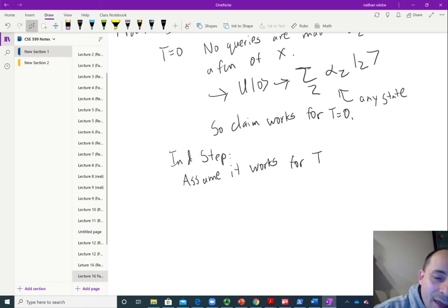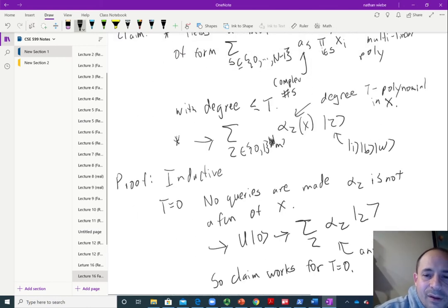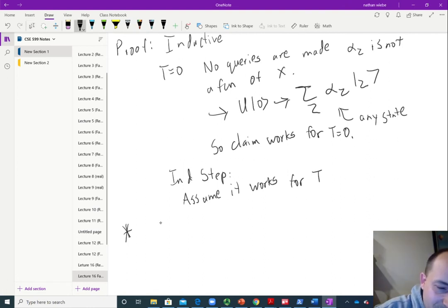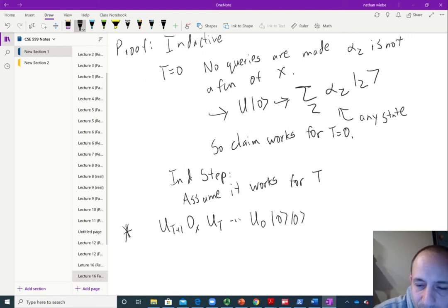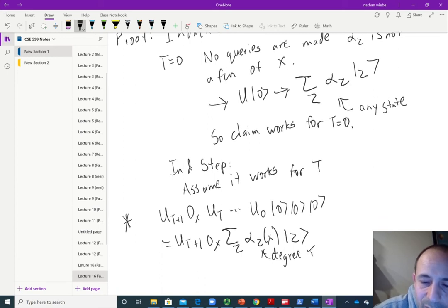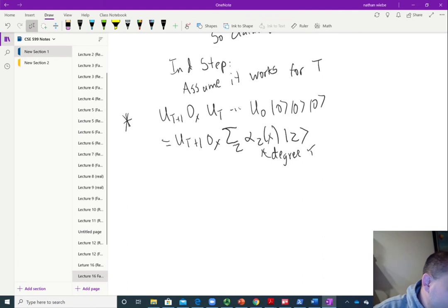Well, just by expanding this over here, we can see that the state that we end up getting, which would be U_{t+1} O_x U_t all the way down to U_0 |0,0,0,0>, by the induction hypothesis can always be written in the form O_x sum over z alpha z of x |z>, where this is a degree t polynomial.